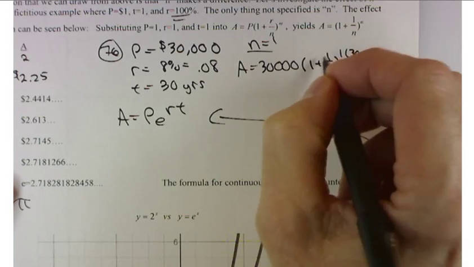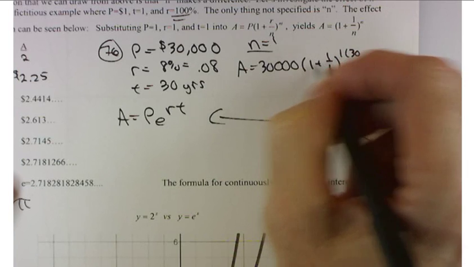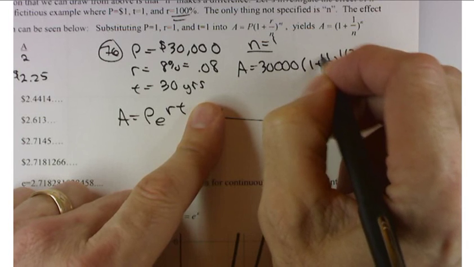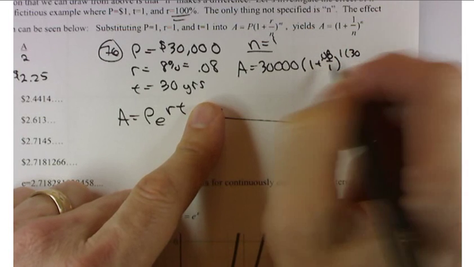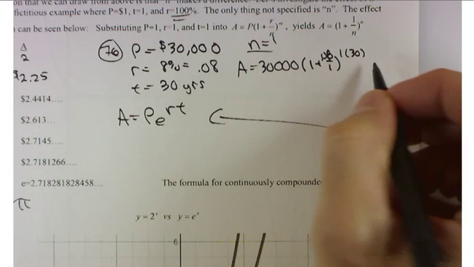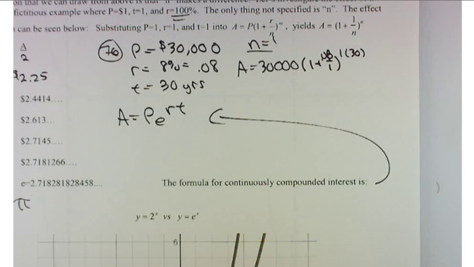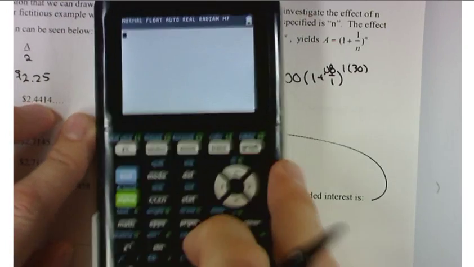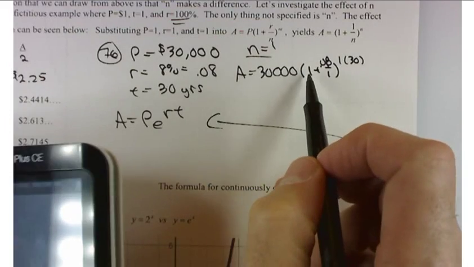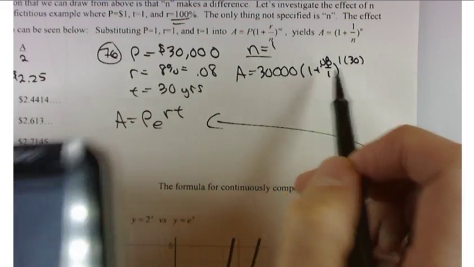Excuse me. I was looking at that going, wait a minute. Yeah, it needs to be a 0.08 up here: 0.08 divided by 1, raised to the 1 times 30 power. Let's see how that's going to pan out. Basically, in here you get 1 plus 0.08 or 1.08.